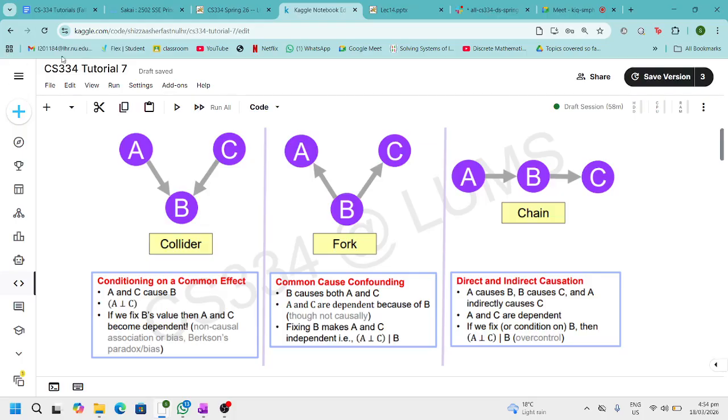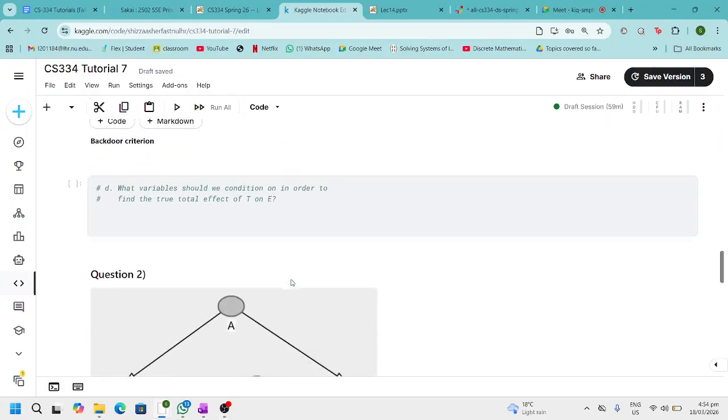So let's see. In a chain, we know that if you want to measure the true effect of A on C, you do not condition on B, otherwise you will block part of the flow of causal association between A and C. Similarly, when you have a fork, you do condition on B, because if you don't condition on B you will not block the flow of this spurious correlation between A and C. In a collider, you don't condition on anything, because if you condition on B you are going to introduce a spurious negative correlation between A and C, which essentially just means that a fork needs to be blocked.